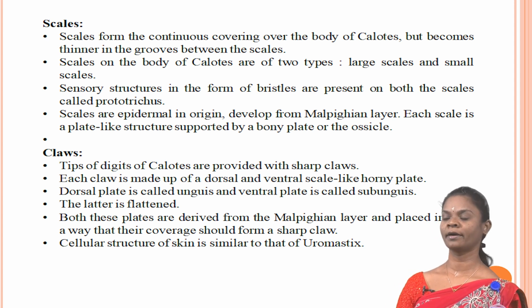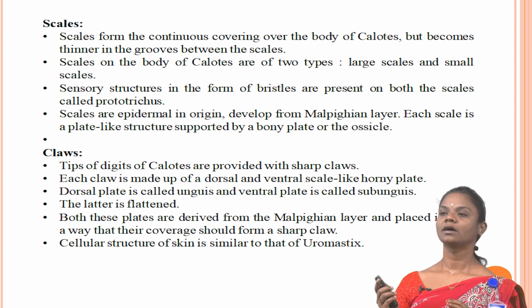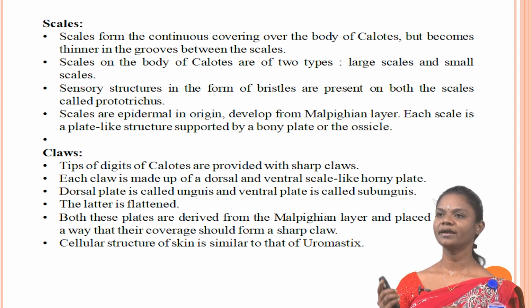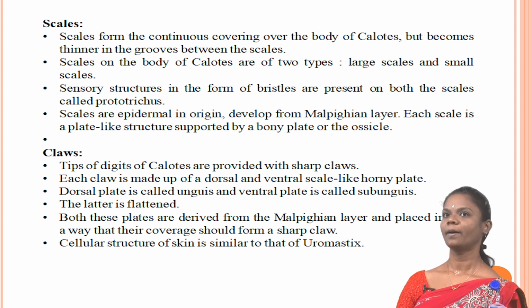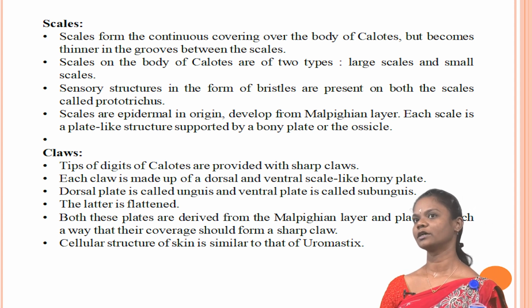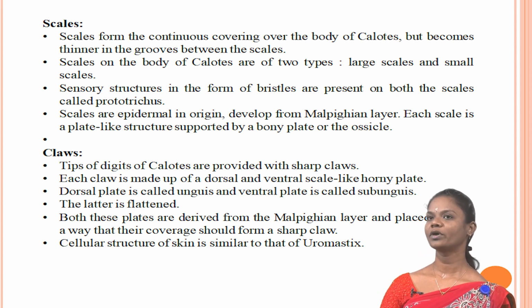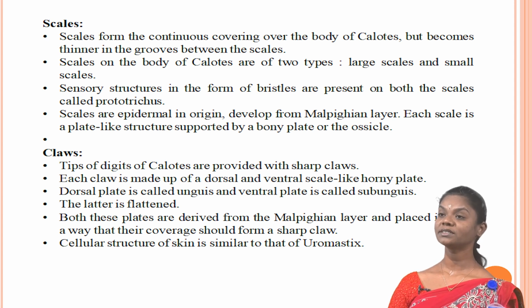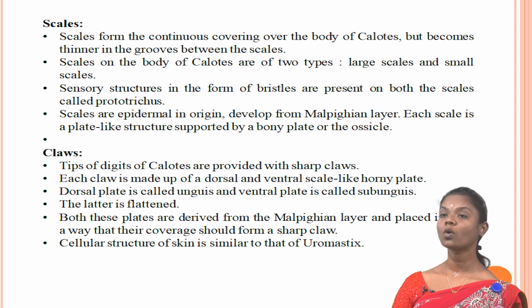They are present from the head region to the tail region, but become thinner in the grooves between the scales. The scales on the body of Calotes are of two types: the large scales and the small scales.